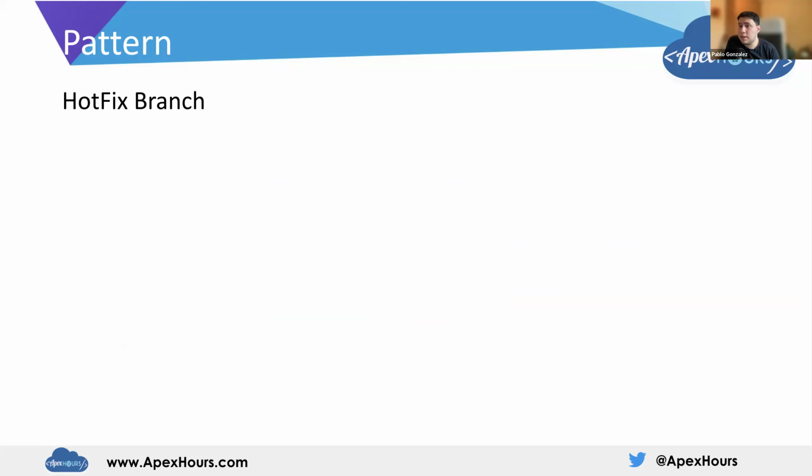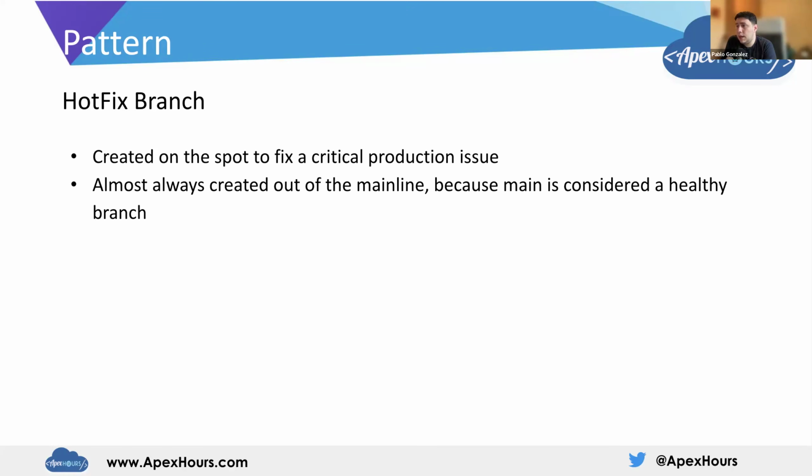The other pattern is a hotfix branch, right? It's basically a branch that is created on the spot to fix a critical production issue. And this is very nice here, that we can see that typically the hotfix branch is created out of the mainline because the mainline is considered a healthy branch. And so we can see how the patterns start kind of playing together.